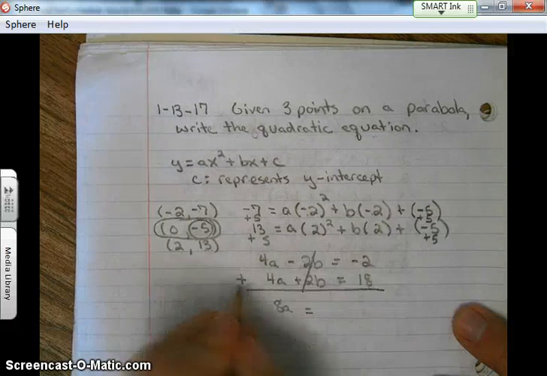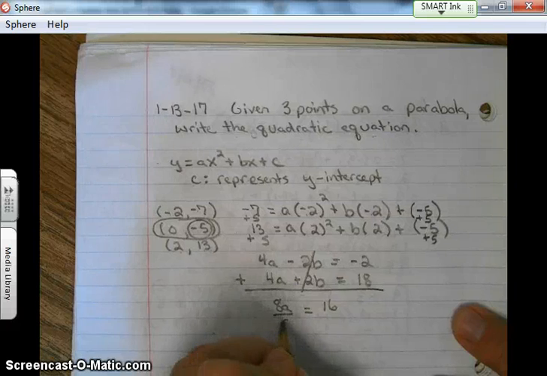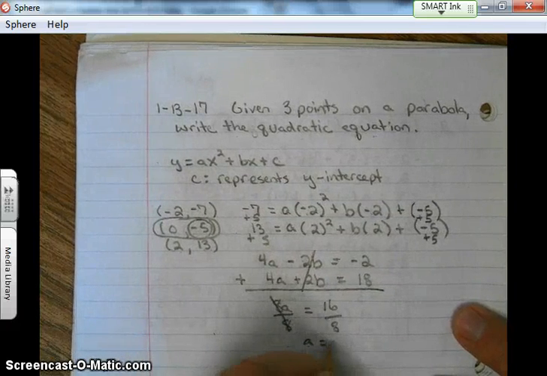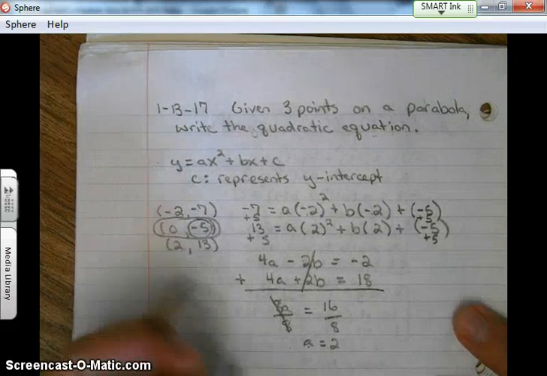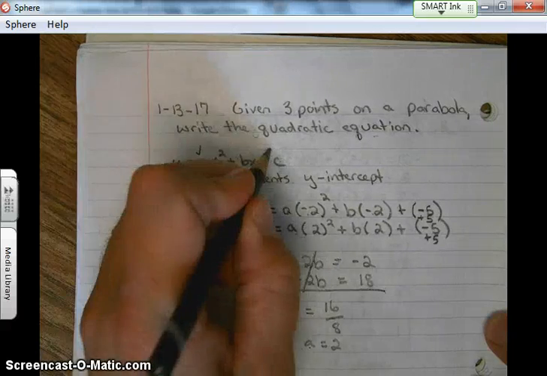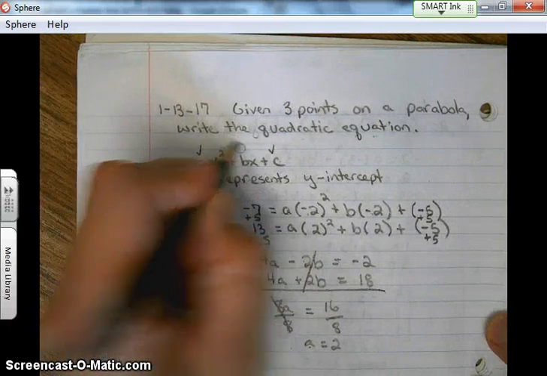And -2 plus 18 is 16. And so we can solve for a. So a equals 2. So we know a, we know c, and now all we need to find is b.